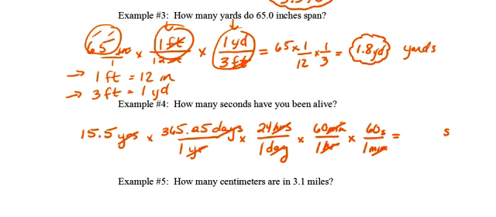And so now you're ready to do the calculation, which would be 15.5 times 365.25 times 24 times 60 times 60, and everything in the denominator is 1, so you don't need to divide by those.